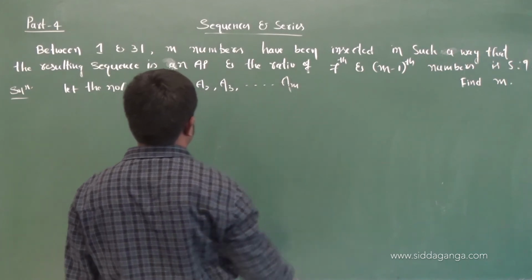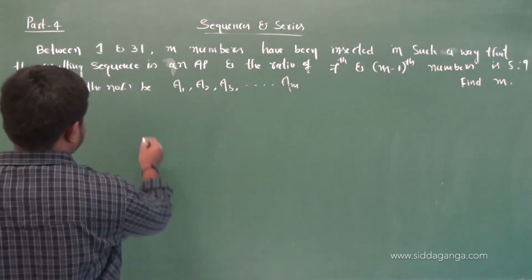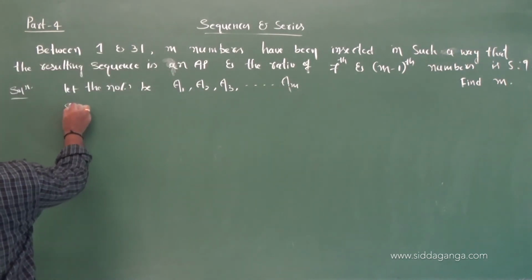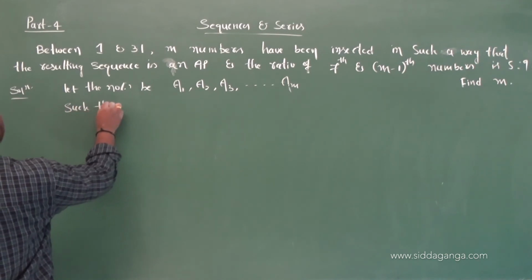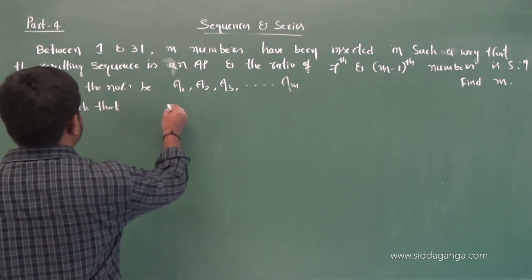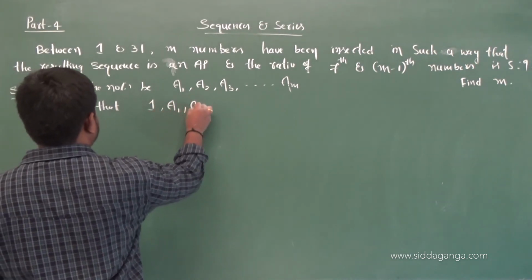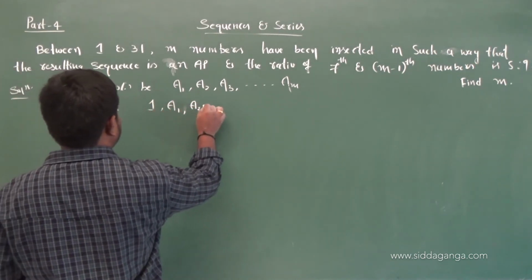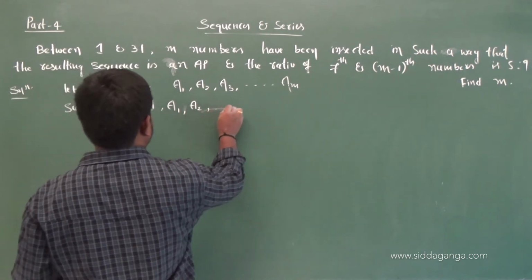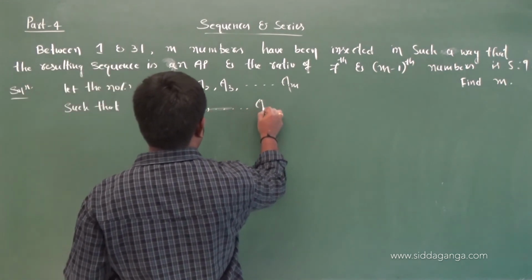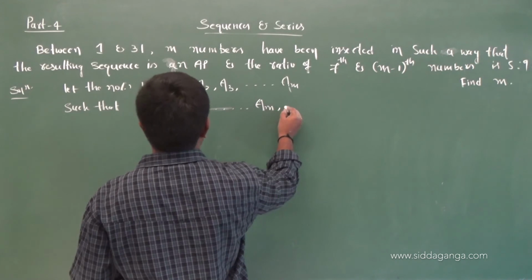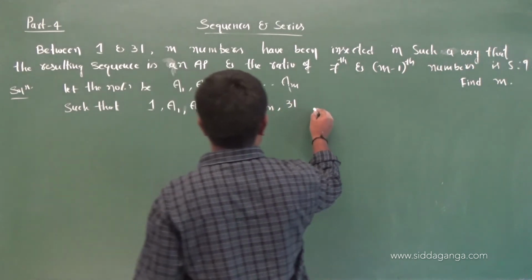So the last will be Am, such that 1, A1, A2, up to Am, and the last term 31, is an AP.